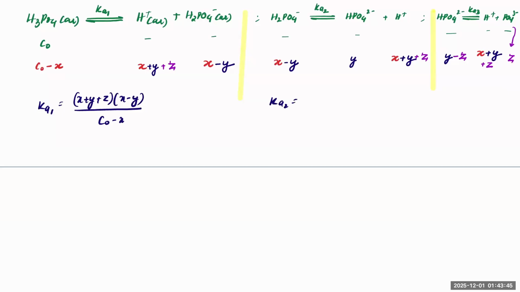Likewise, Ka2 will be equal to (X+Y+Z) into Y divided by (X-Y). And lastly, Ka3 will be equal to (X+Y+Z) into Z divided by (Y-Z). These are the values you will have.